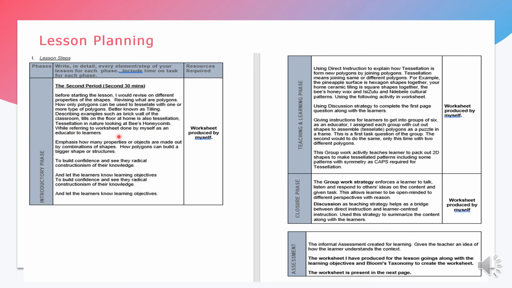And while referring to worksheets done by myself as an educator, you have to have some sort of resource given to the learner, made by the teacher, basically. Emphasize the properties of polygons to build a bigger shape, and structure to build confidence, and constructivism to their knowledge, that's important, and let learners know what the learning objectives are.